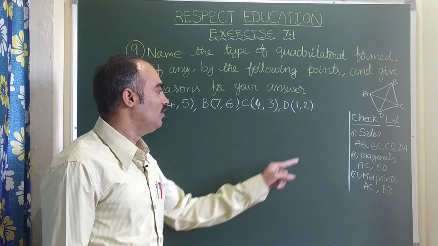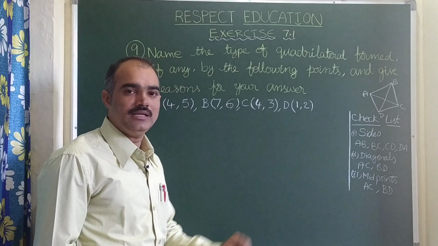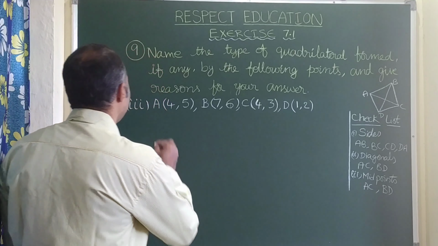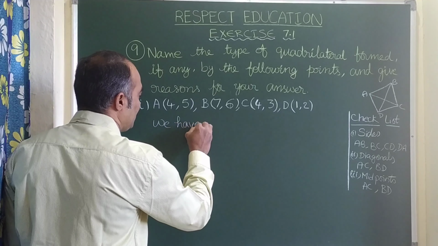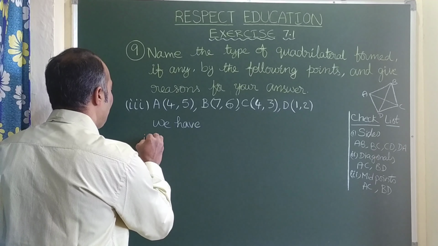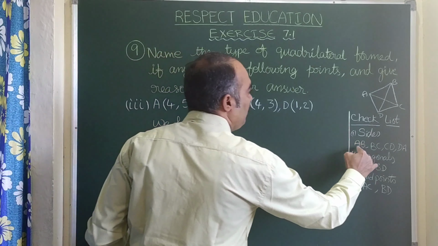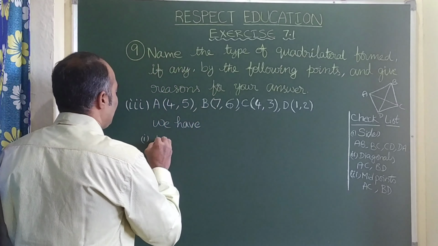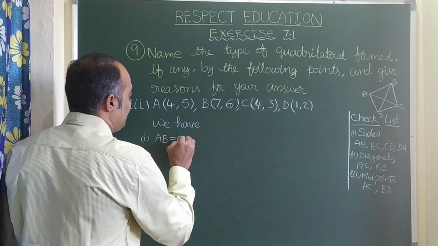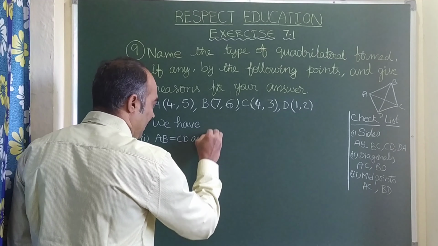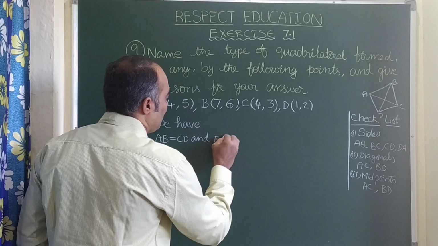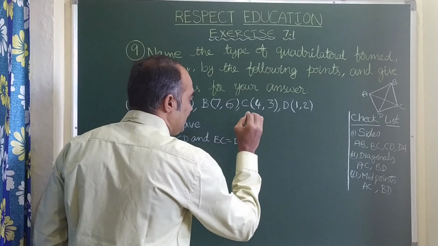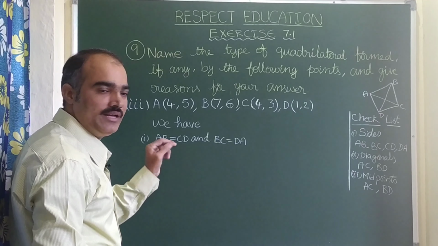Now we are going to conclude all the 3 cases. Just now we have solved them, and we are going to write the conclusions. First, AB is equal to CD and BC is equal to DA. This is from equation 1.